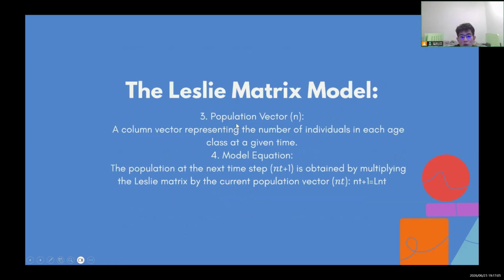And the third one is the population vector N, a column vector representing the number of individuals in each age class at a given time. And the fourth is the model equation. The population at the next step, Nt plus 1, is obtained by multiplying the linear matrix by the current population vector: Nt plus 1 equals L Nt.